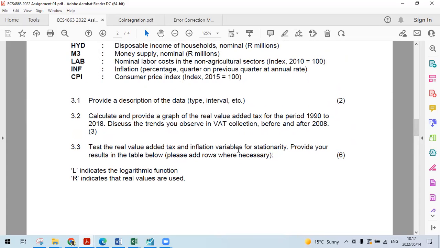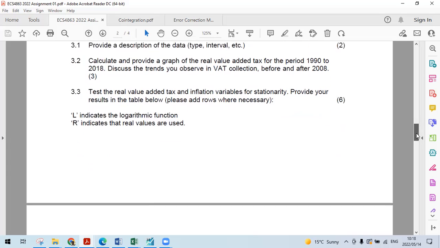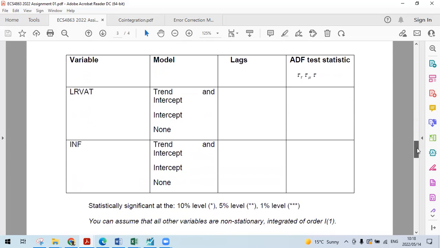Let's not waste our time trying to test for M3, for HYD, and all those other ones. In this case, they just want us to test for stationarity for only two variables. Are we together there? So don't waste time adding more variables. You will not be penalized for that, but you won't be getting any marks for that, right? So we're going to test for VAT and inflation.